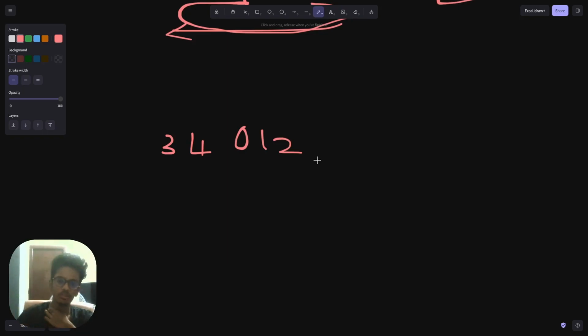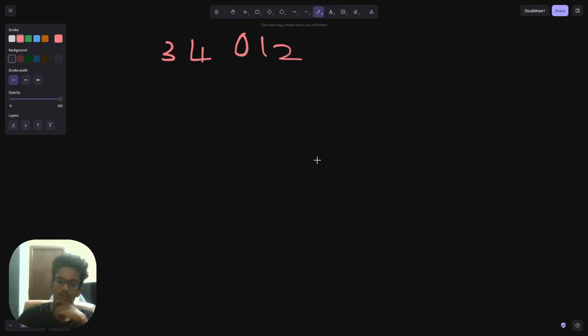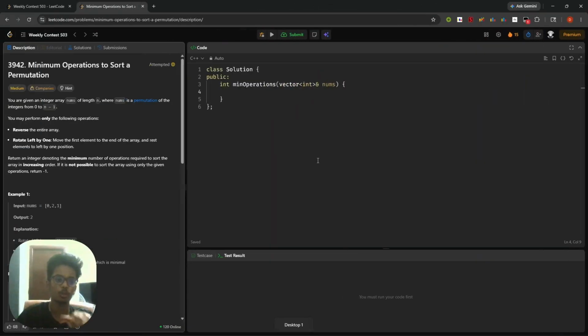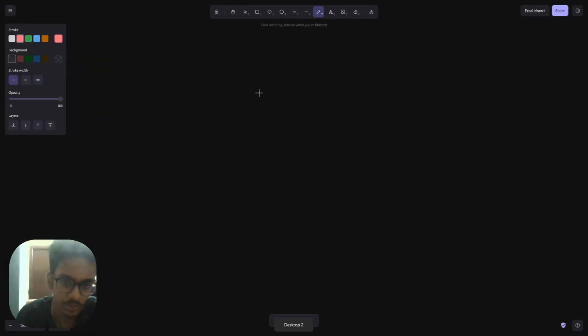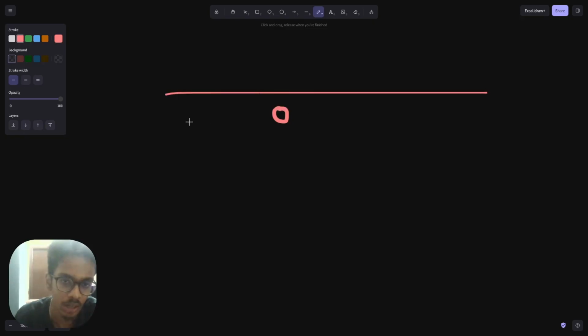Let me explain you, but before explaining I should find a proper test case for this. Okay, let's take it this way. I won't take any numbers, just visualize it. Let's say 0 is here. We'll take 0 as the reference because after sorting 0 would be the first number.